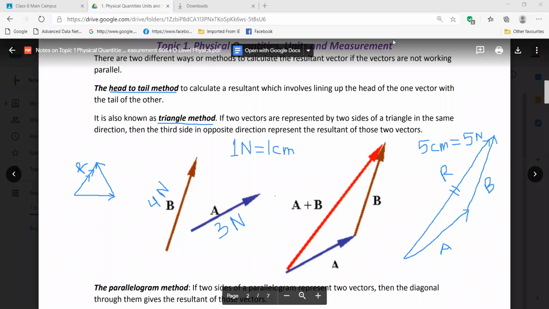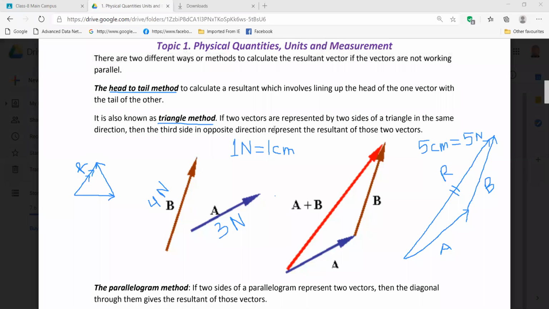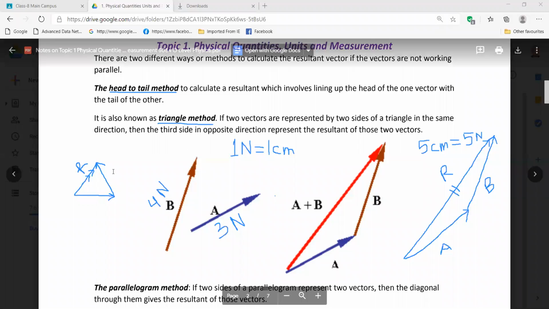The question was about the triangle method, they wanted me to explain the last part. I am just revising. Here we are showing two sides with two vectors in the same direction. Then the third side in opposite direction is giving you the resultant. Is it clear now?